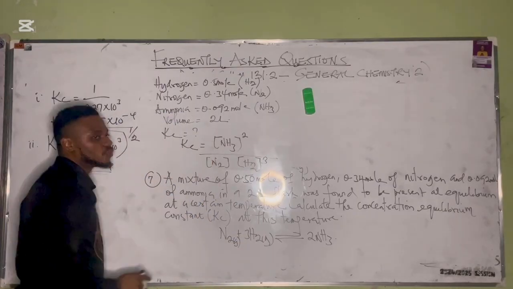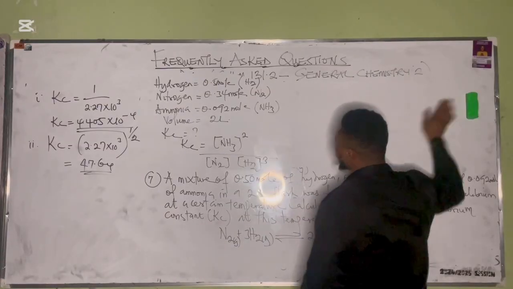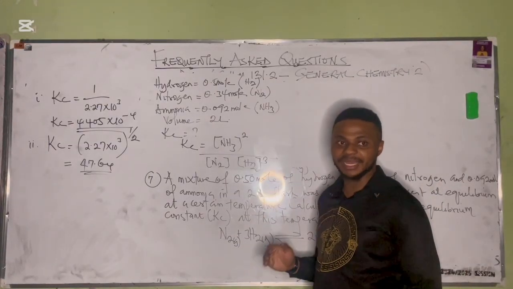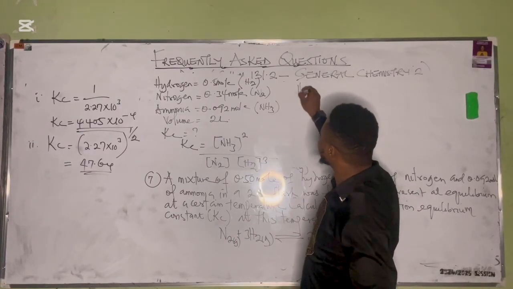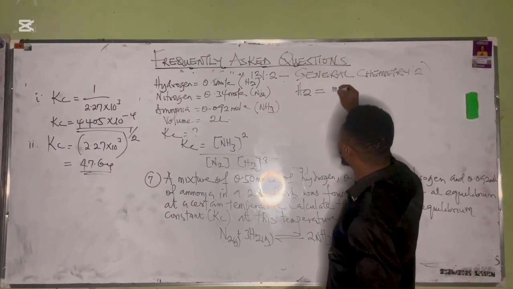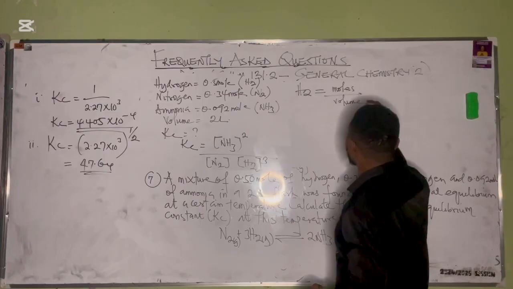We don't even have their concentrations yet. But we can actually get their concentrations. The concentration is moles per liter, that is number of moles over the volume. So to get the concentration of hydrogen gas, remember, it is moles per volume.